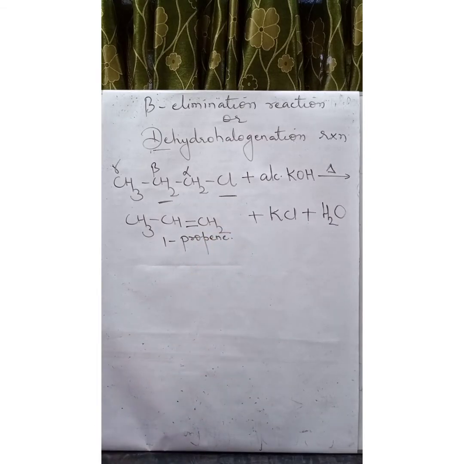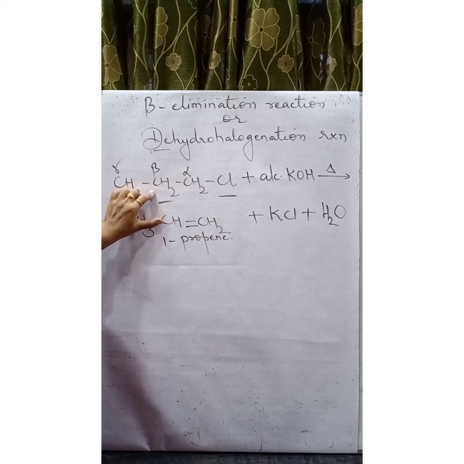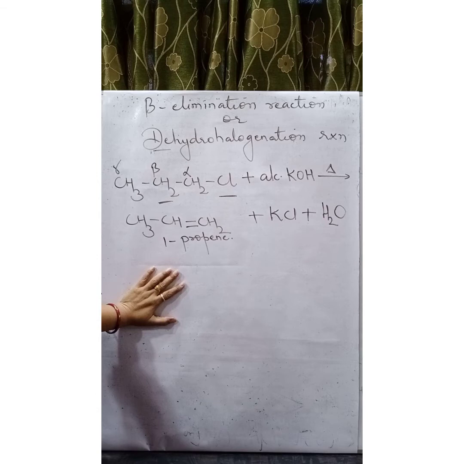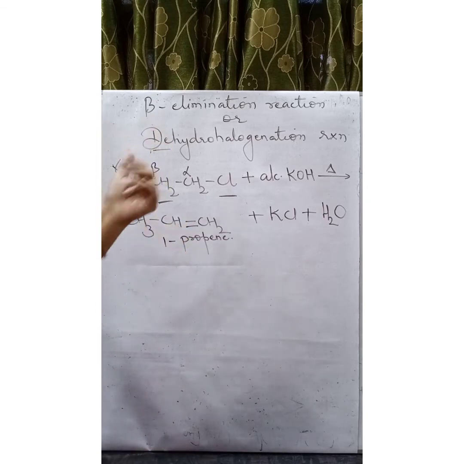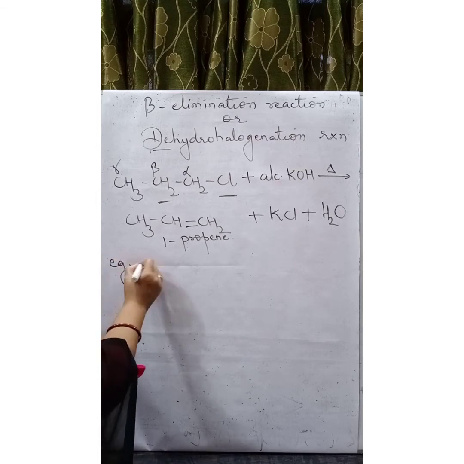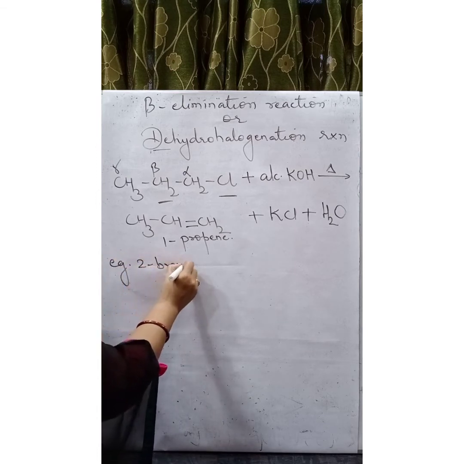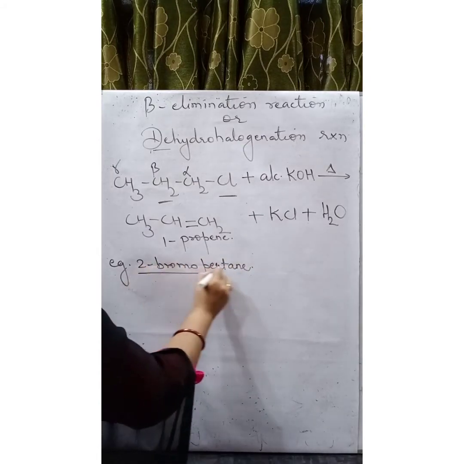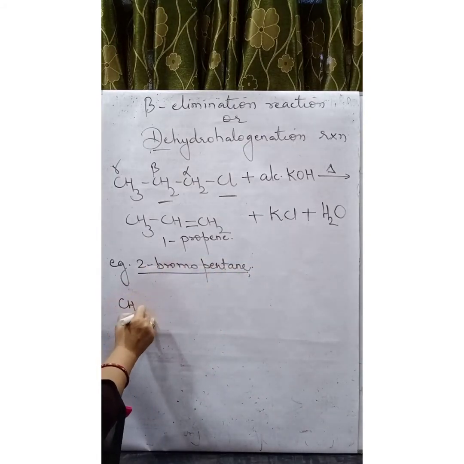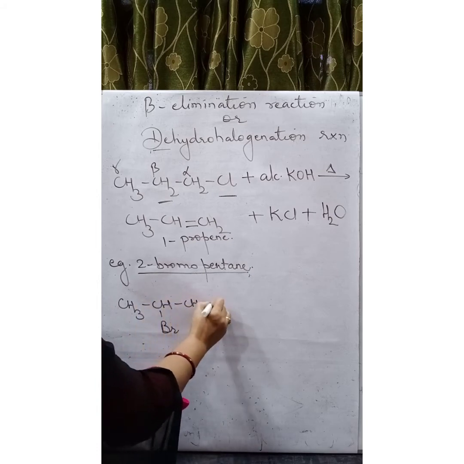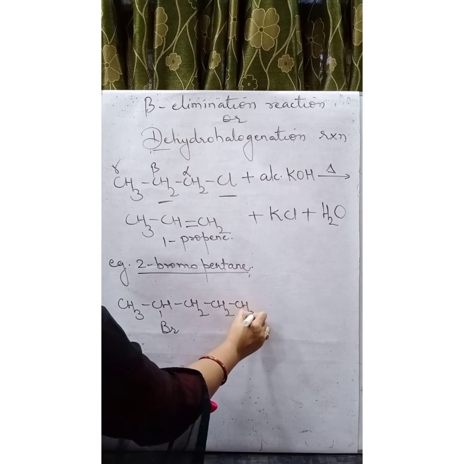Now you can notice that in this example, we are having only one beta carbon atom, so we get a single product. What if there is presence of more than one beta carbon atom? Take an example of 2-bromopentane, CH3, CH, Br, CH2, CH2, CH3.